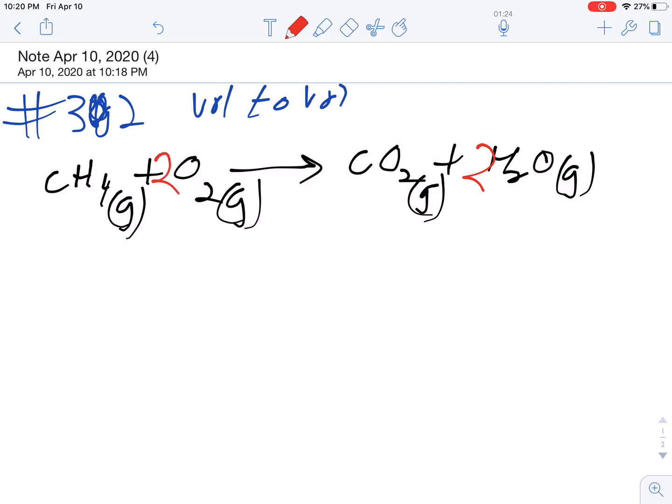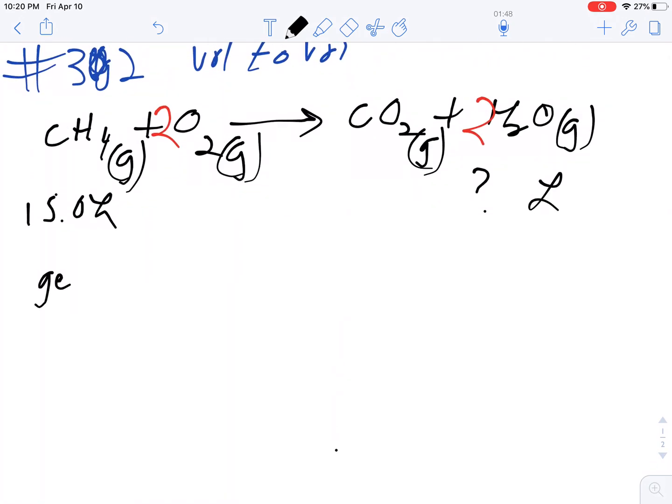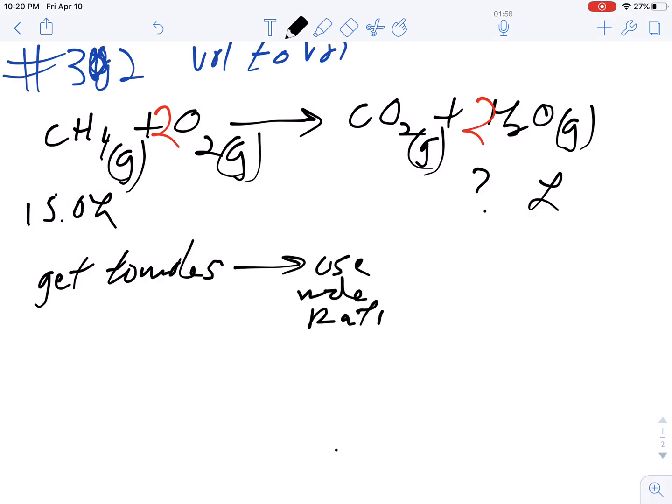Okay? So I've got 15 liters of methane gas, and I want to figure out how many liters of water vapor, H2O, will be produced. Whenever we do these problems, as we did in the past, the first step is always to get to moles, use the mole ratio, then convert to what you're trying to find.